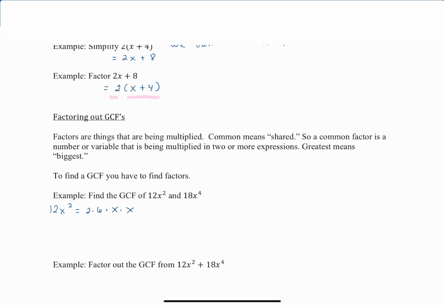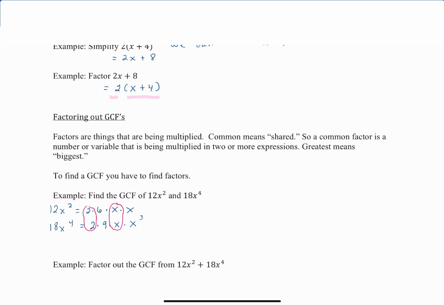And I could write 18x to the fourth as 2 times 9 times x cubed. And so we see that shared factors are the 2's and the x's.